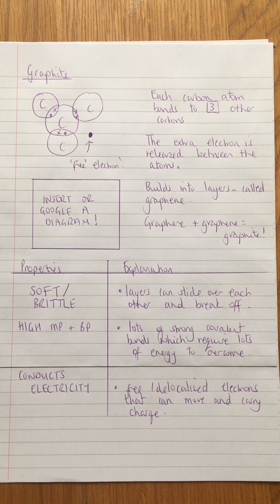The big exam tips that I would give you on these structures: first of all, look at whether it is ionic, so is it a metal and a non-metal, or is it covalent? If it's got a single name, so for example graphite or diamond, that means it's giant covalent. Okay, so just bear that in mind.